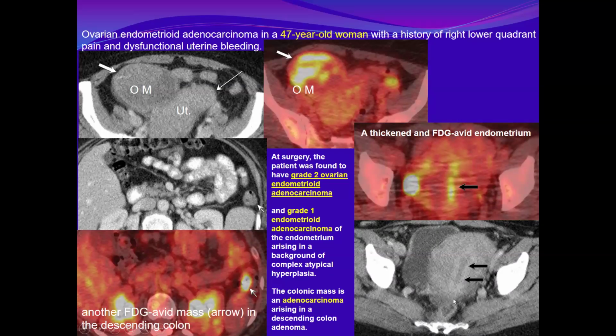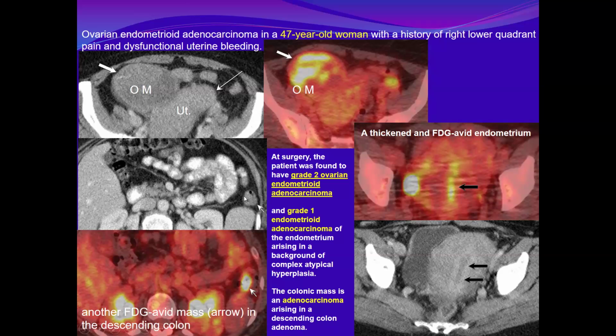Usually we might pass it as a small amount of fluid in the endometrium or mild endometrial thickening. But look at the same structures, the uterus: the thickened endometrium demonstrates avid FDG uptake, and it was proven to be endometrial cancer.